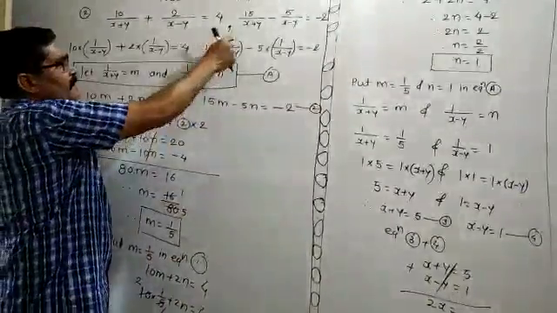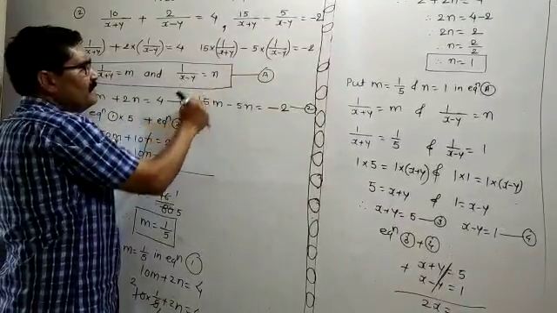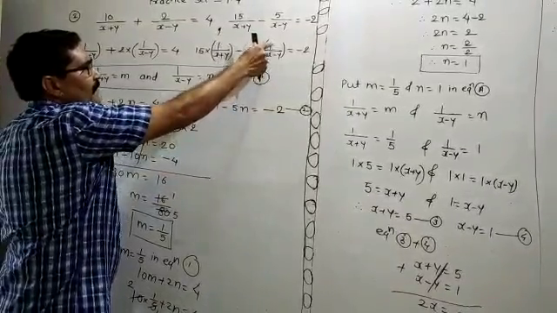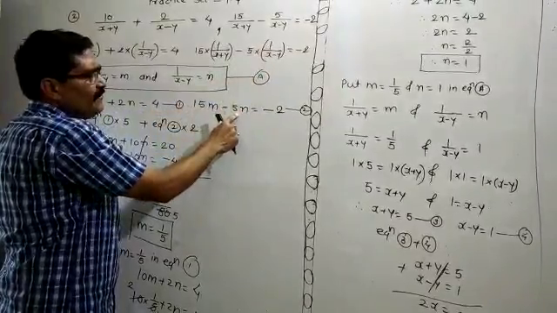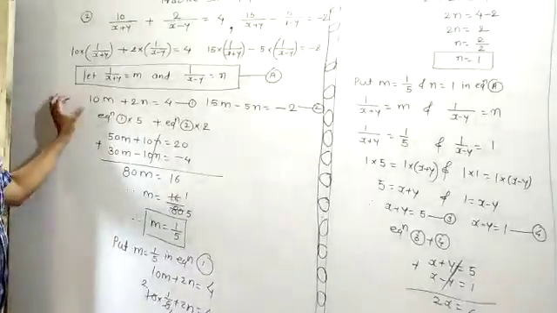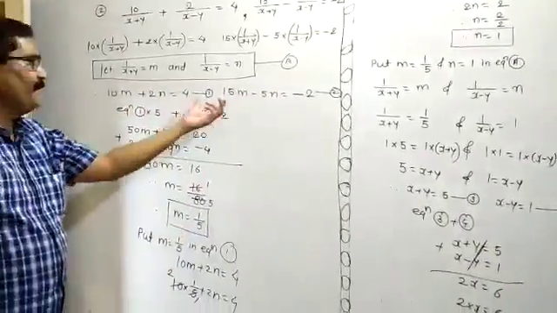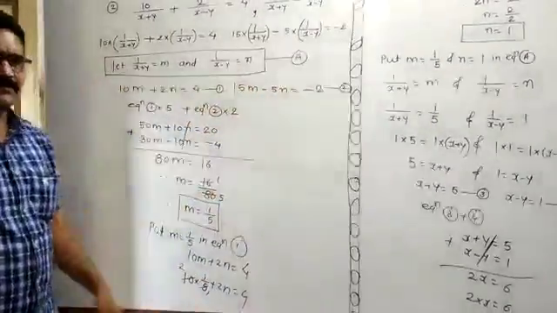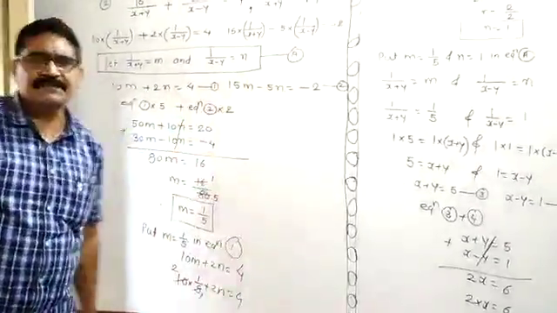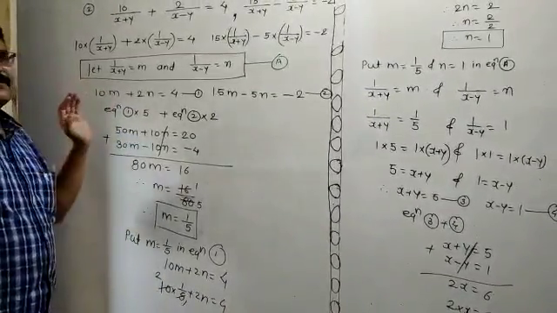And 15m minus 5n is equal to minus 2. From that we frame the new equations: 10m plus 2n is equal to 4, this is equation 1, and 15m minus 5n is equal to minus 2, this is equation 2. You have to utilize this for such types of examples.